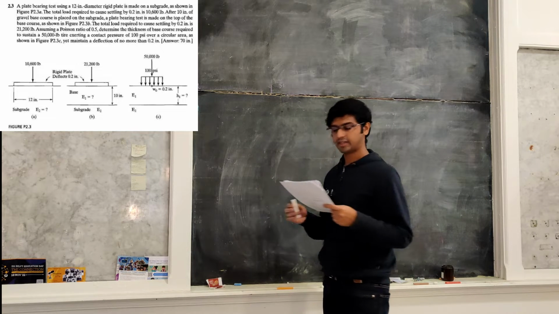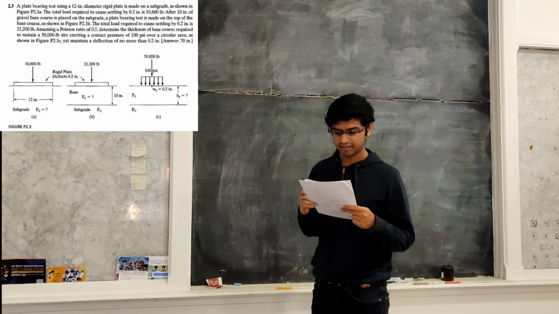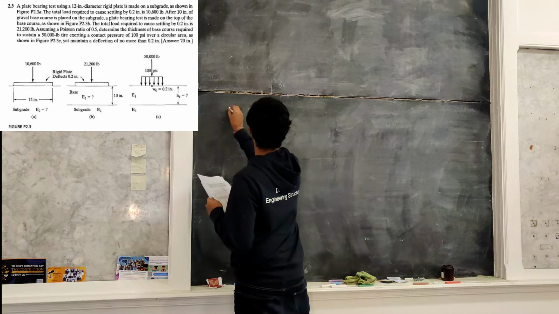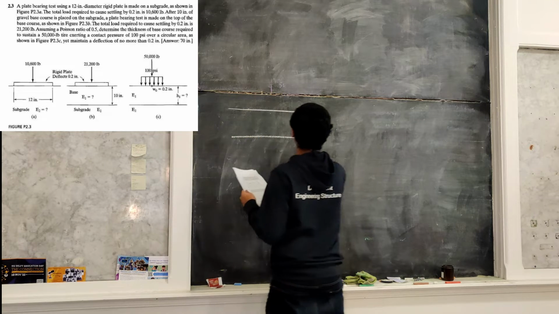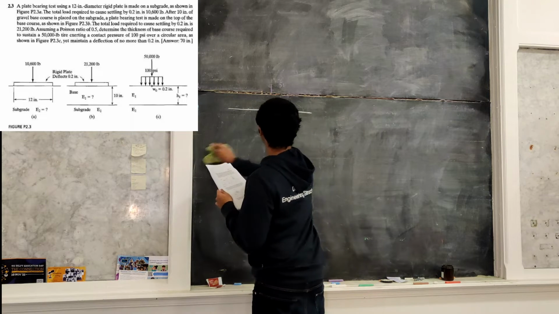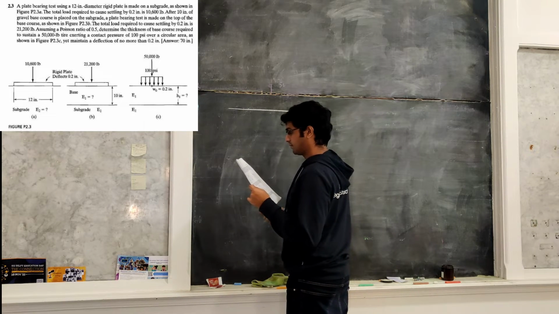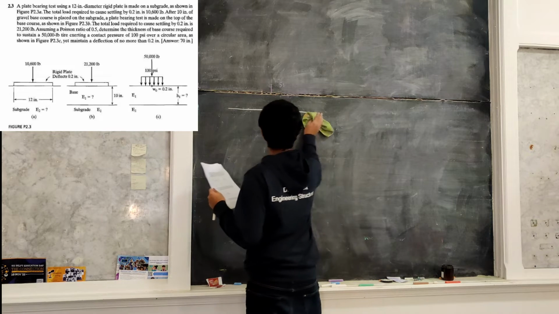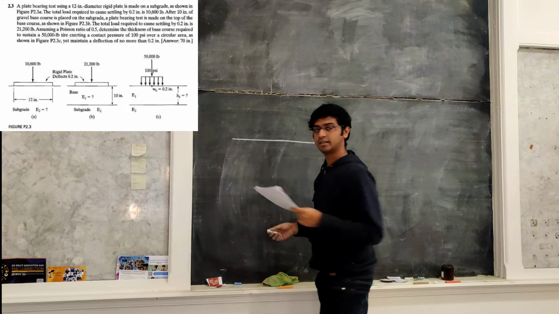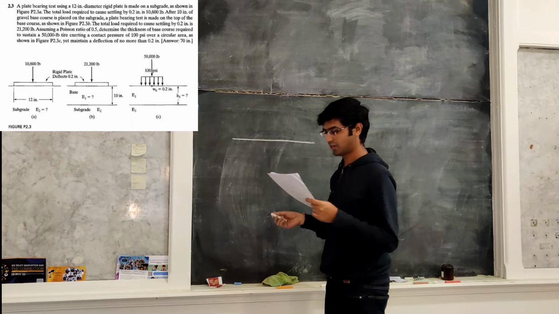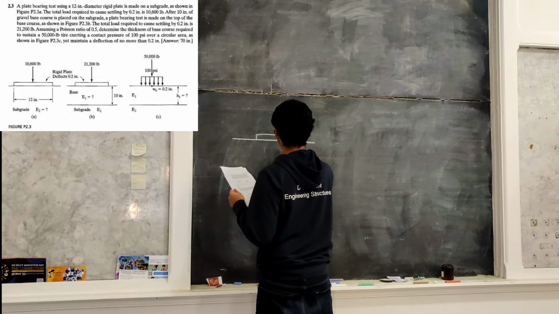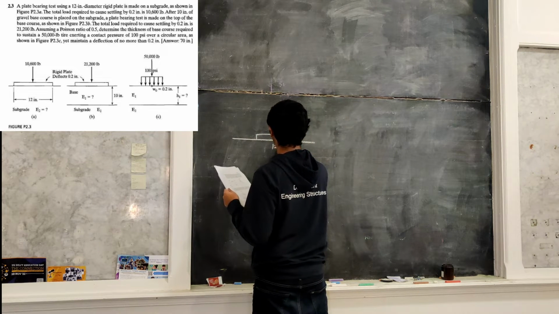In our first scenario, a plate bearing test was conducted on a subgrade soil, and the plate was a rigid plate with 12-inch diameter.